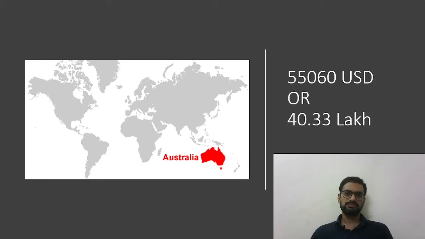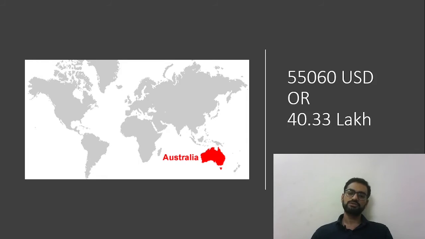Australia also is a popular destination just like Canada. One of the common reasons would be the common interest between India and Australia in cricket, passionately followed cricket. So Australia stands at 55,060 US dollars, or 40.33 lakh. Again, a sizable country, bigger population than the other developed countries.